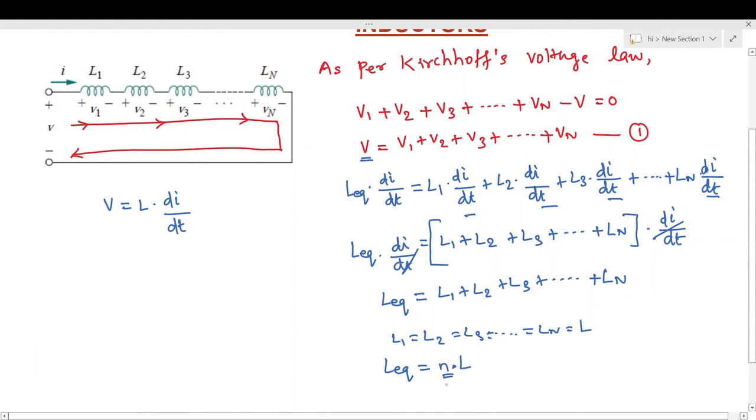So this n will be the number of elements connected in the series combination, and the equivalent inductance of a series combination will be greater than the greatest value of inductance connected in the series combination.